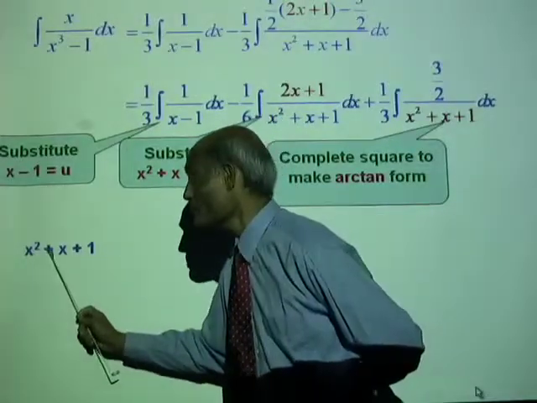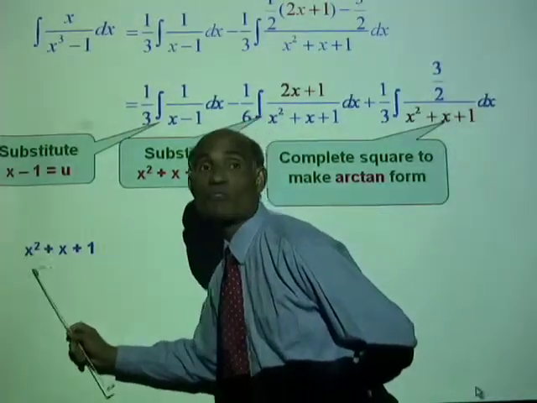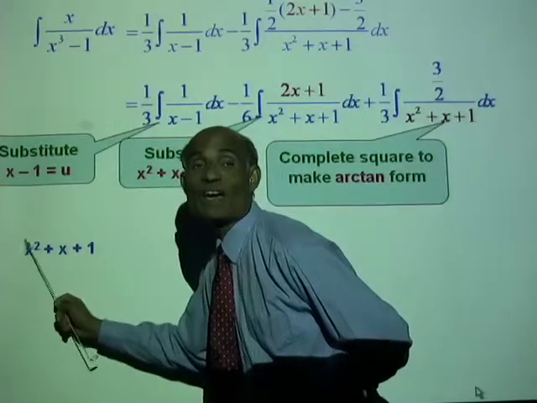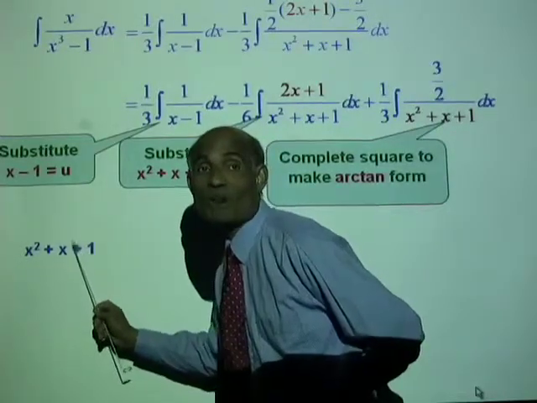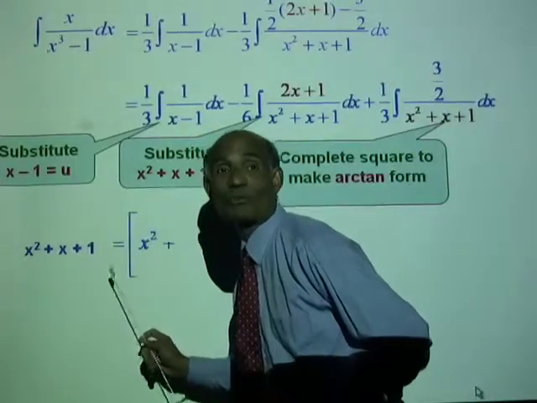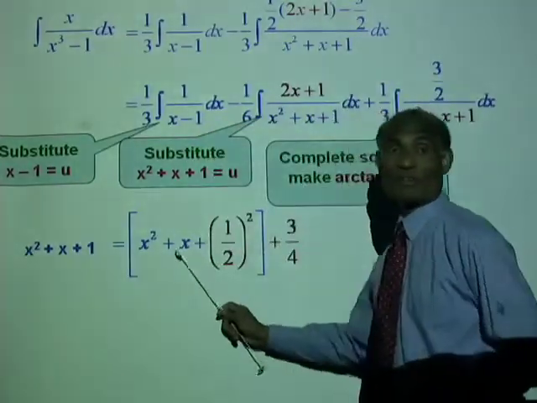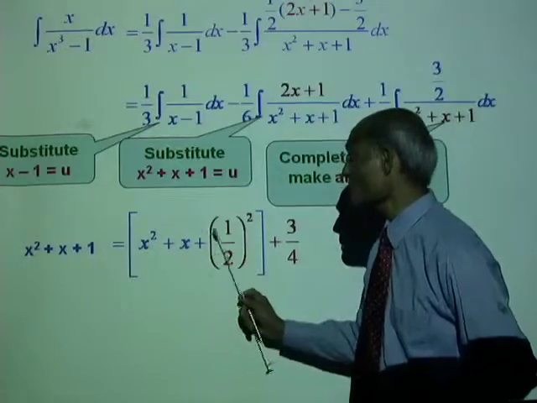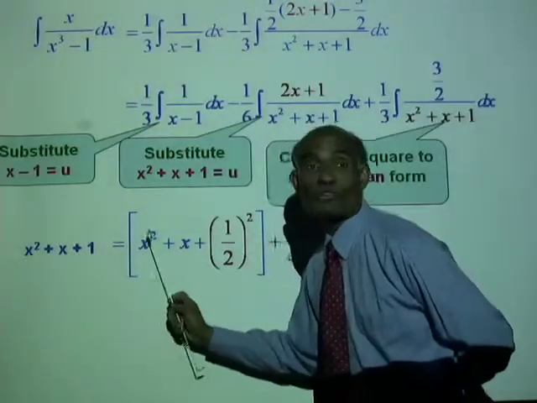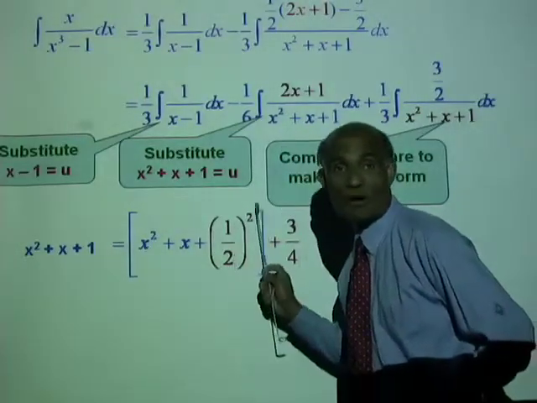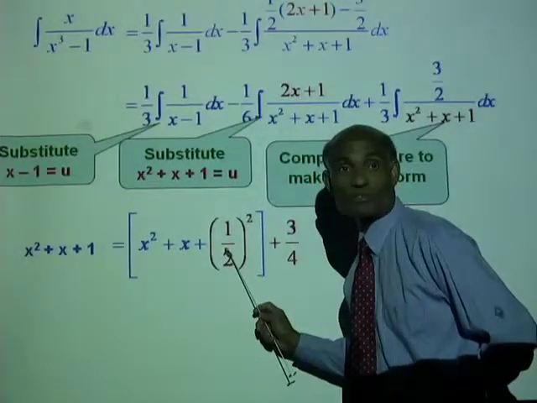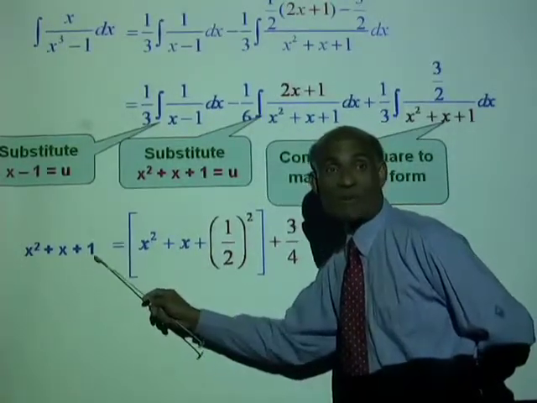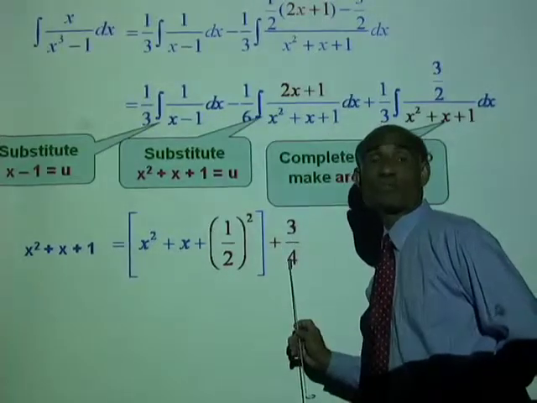So x squared plus x plus 1/4 is a perfect square. Now 1 can be written as 1/4 plus 3/4. So look at this. x squared plus x plus 1/4, and what is left of that 1 is now 3/4.